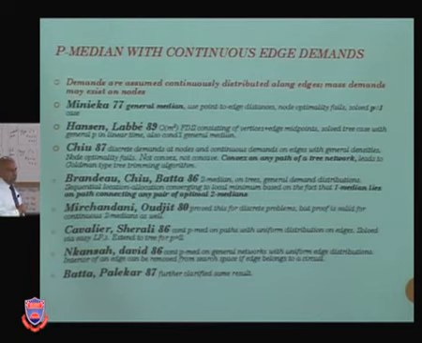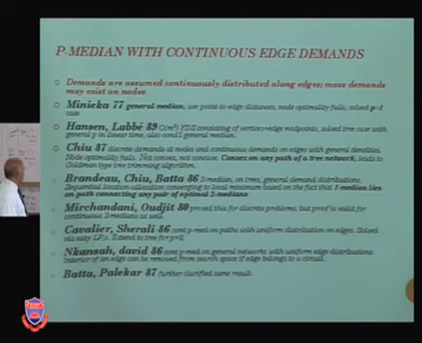In this case, if you have a street with many occupants along the street, then each household is a demand point. So you have a continuum of demands. Just think of it that way. When you have a continuum of demands along edges, you may also permit mass demands somewhere at some points along the edges. For example, a high rise or something.